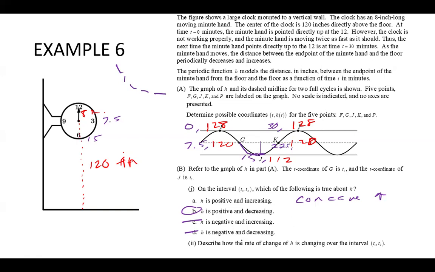Okay. So I don't have enough room to write in this little space. So I'm going to write it in this space. Is that okay? So we have on the interval, and the interval that we're going to use, you either can actually describe what the interval is from G to J, or you could just use T1 and T2. They will take either one.